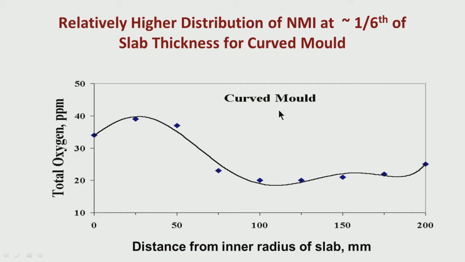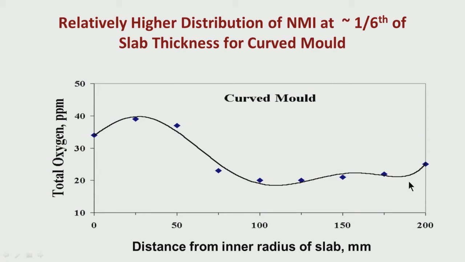So in a curved mold, again we measured total oxygen, and we find that at 1/6 of the slab thickness, somewhere here, the total inclusion level is quite high. This is the inner surface, near the inner radius. So in this area the oxide inclusions are more, that is why the total oxygen is more compared to the other portions of the thickness.